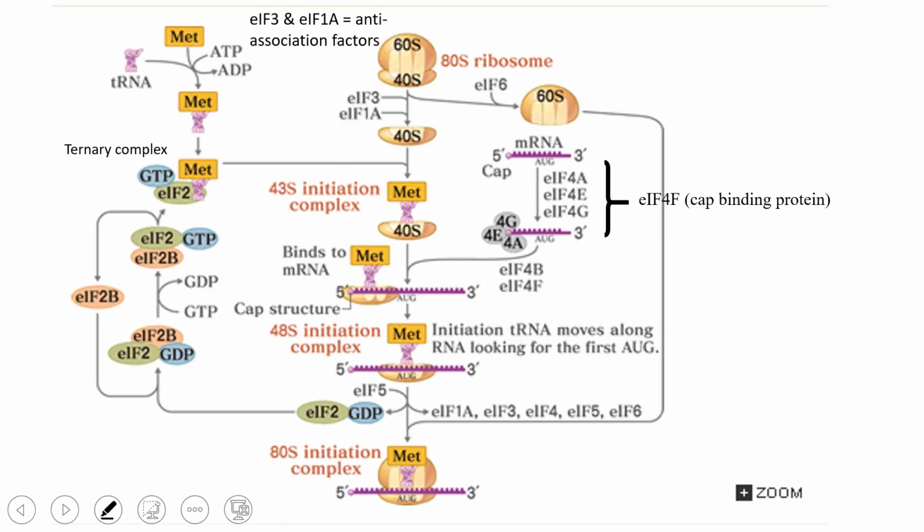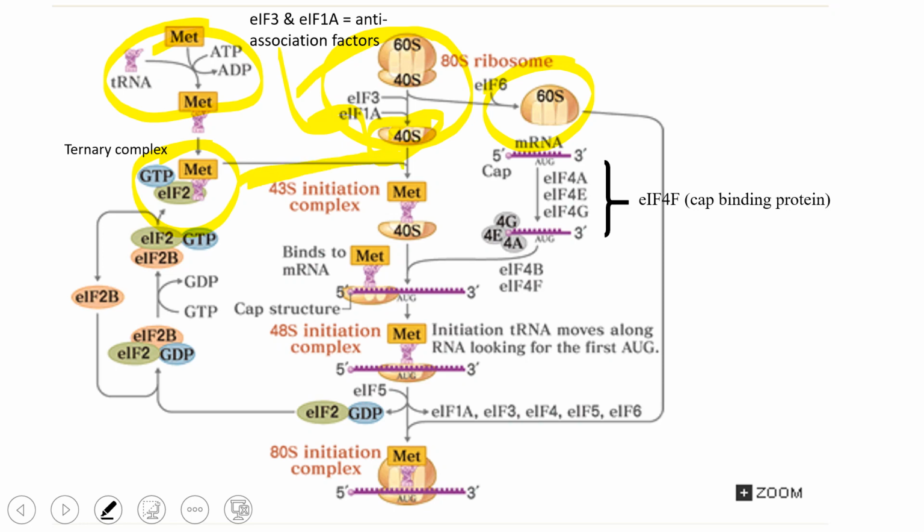So this is the overall picture of protein synthesis. In the first step, the anti-association factor dissociates 40S and 60S. Then the activated tRNA combines with EIF2-GTP to form the ternary complex, and this ternary complex combines with 40S to form the 43S complex. This 43S binds with messenger RNA to give us 48S.